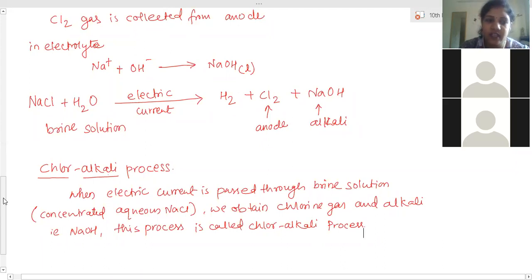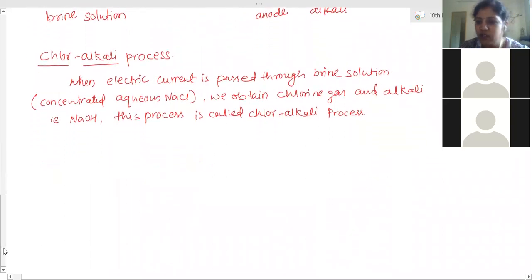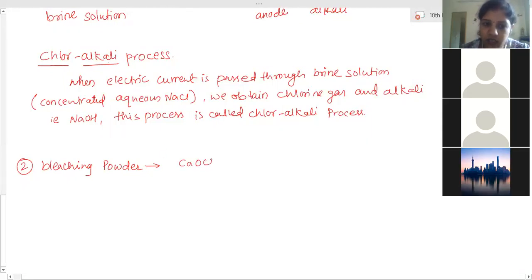The first one, after sodium chloride, where sodium chloride is used indirectly, is bleaching powder. Bleaching powder is the common name. Its formula is CaOCl2, and the chemical name is calcium oxychloride.